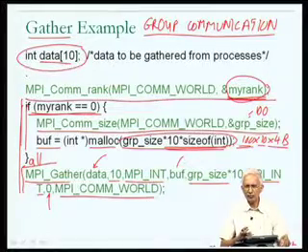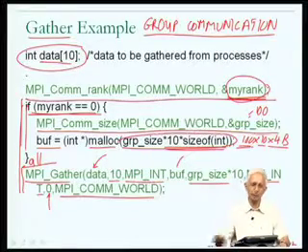So in this way, it is possible for even more than one piece of data, more than one integer, to be communicated using the same functions that we had talked about.